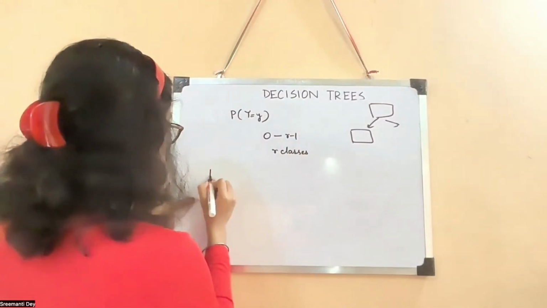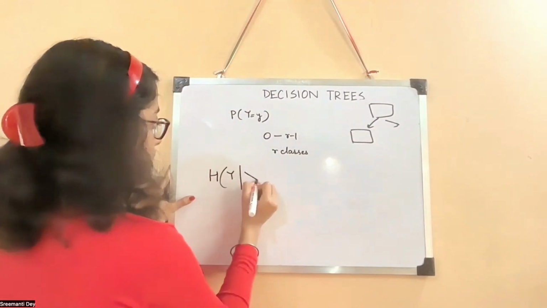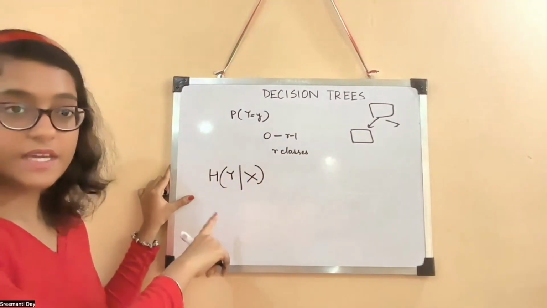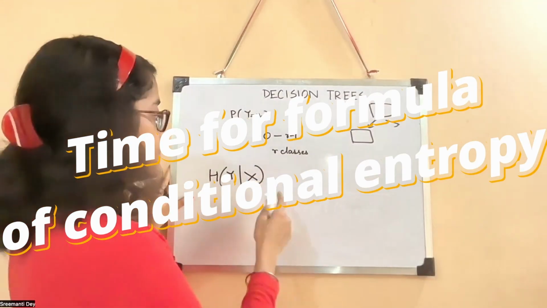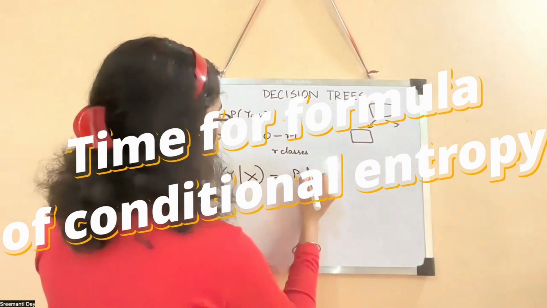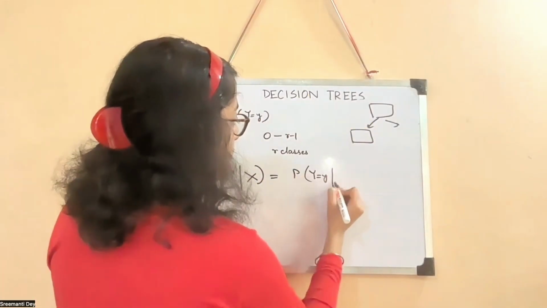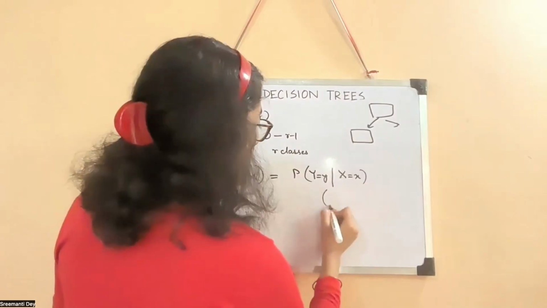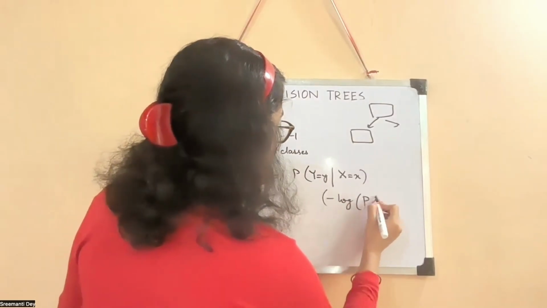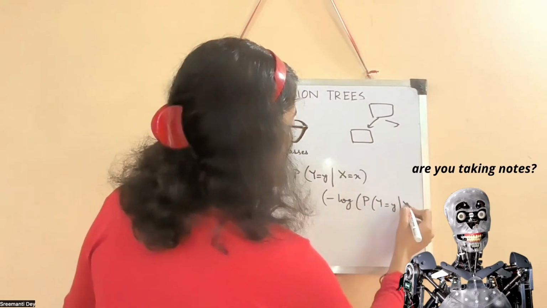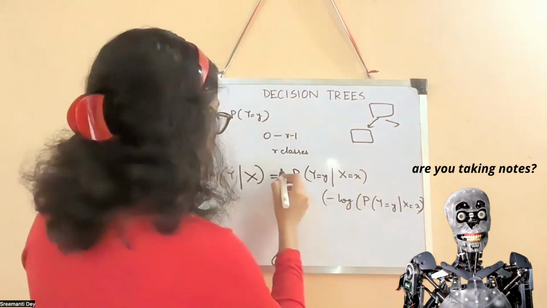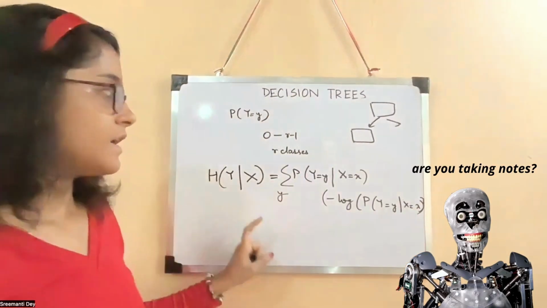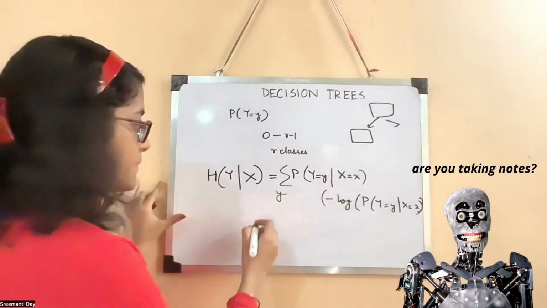Please listen carefully. H of y given x, x is our feature. This is going to be simple. Summation over y of probability of y equal y given x equal x, multiplied by minus log of probability of y equal y given x equal x. Perfect. So this is the conditional entropy.